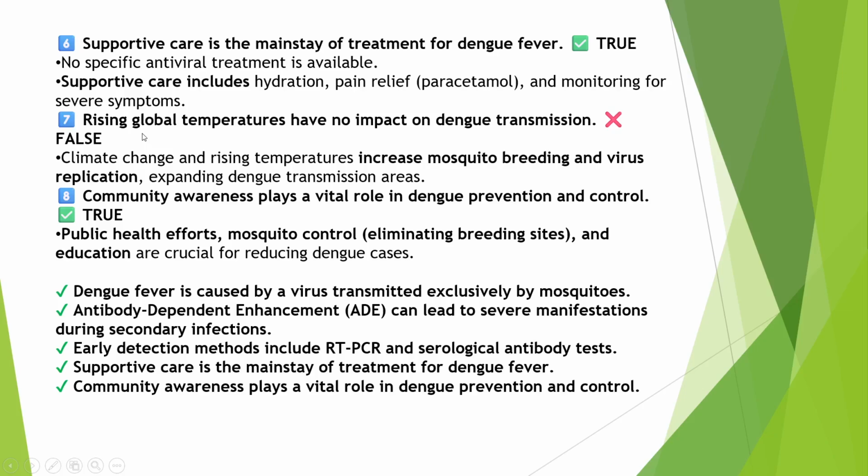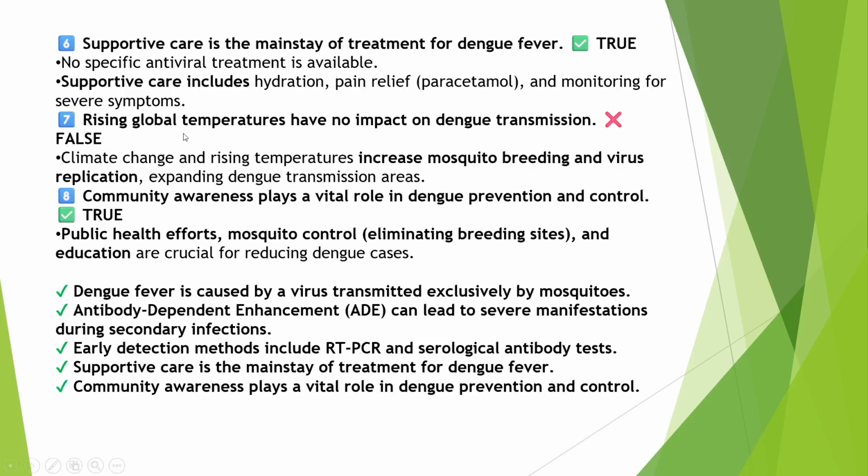That is why we sometimes hear that there are several deaths due to dengue, because there is no specific effective treatment. If the symptoms are controlled, then the virus has to be cleared by our immune system itself.